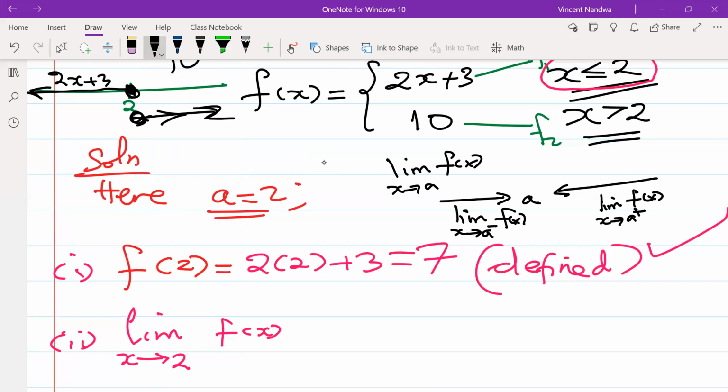So what will happen to those two limits for us to conclude that the limit at A exists? At the end of the day, when we are evaluating, the number doesn't change. The negative and positive sign are just used to show direction. Negative means from left, positive means from right.